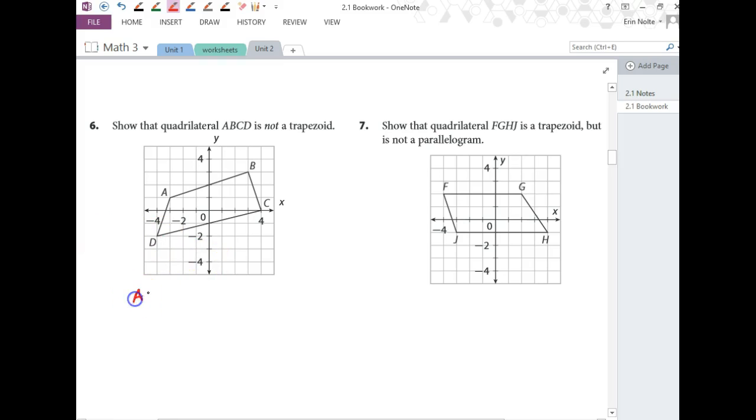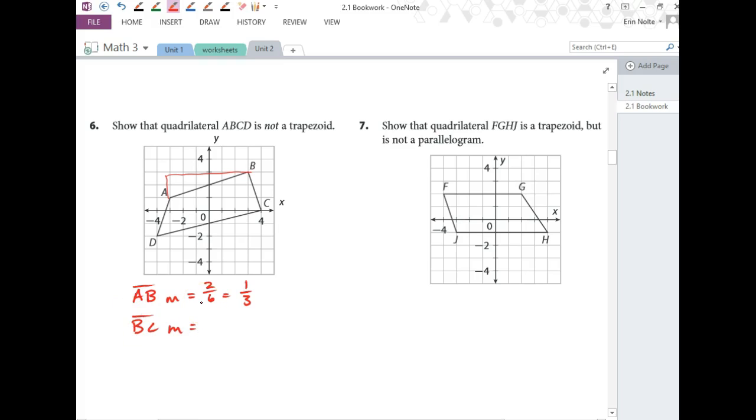So let's go from A to B. So what's the slope from A to B? Up 2 over 6. 1, 2, 3, 4, 5, 6. I agree. So 2/6, which is equivalent to 1/3.